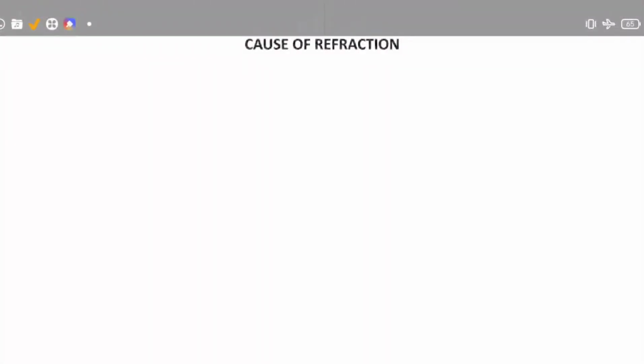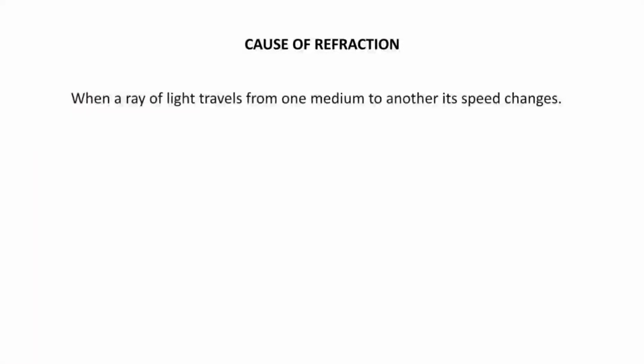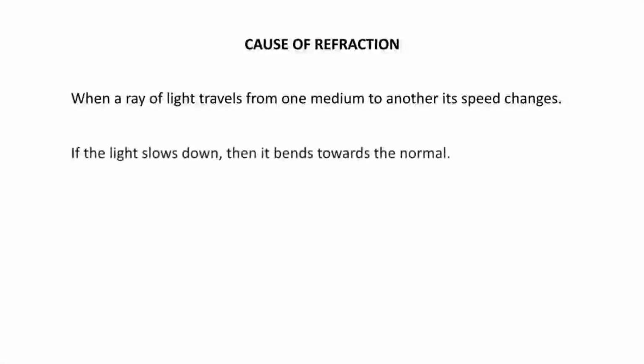Next is the cause of refraction. When a ray of light travels from one medium to another, its speed changes. So if the light slows down, then it bends towards the normal, and if the light speeds up, then it bends away from the normal.